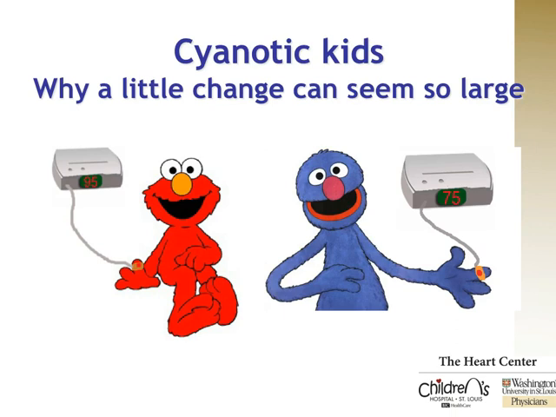And there's some basic physiologic reasons behind that. So kids with normal oxygen saturations, their oxygen saturation doesn't fluctuate all that much with doing daily activities, whereas we may see much greater fluctuations in a child with tetralogy of Fallot or a shunted single ventricle child whose baseline saturations may live in the 70s or 80s.